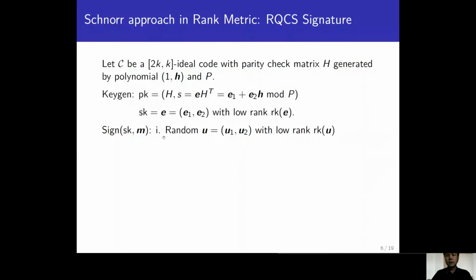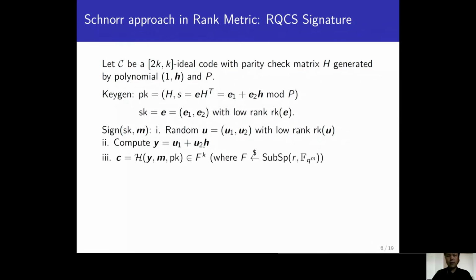To sign a message, we choose another ephemeral key U with low rank, and then compute Y equals U H transpose. Then we take the hash of Y together with the message to be committed, and set it equal to C. This C is set to be a vector in F, where F is a subspace of dimension r.